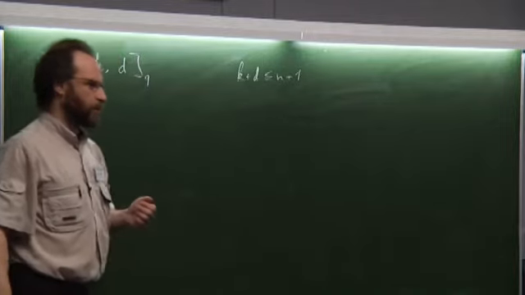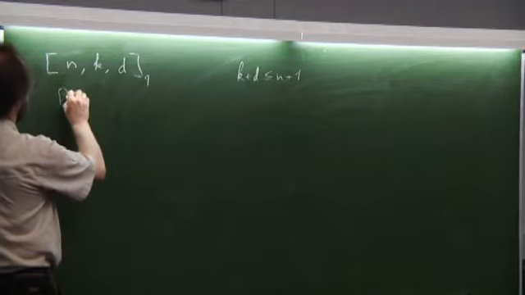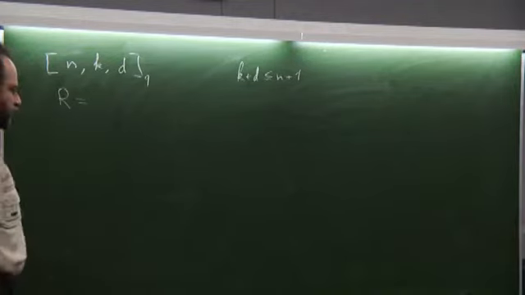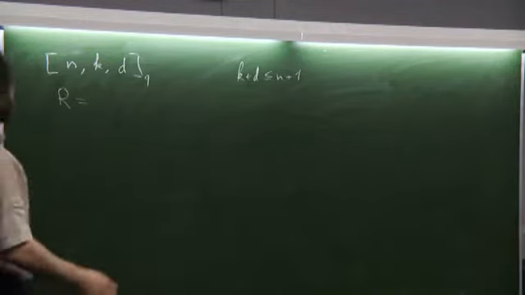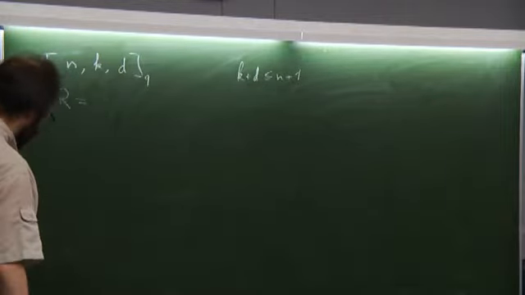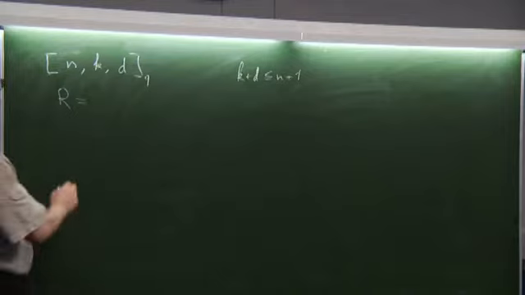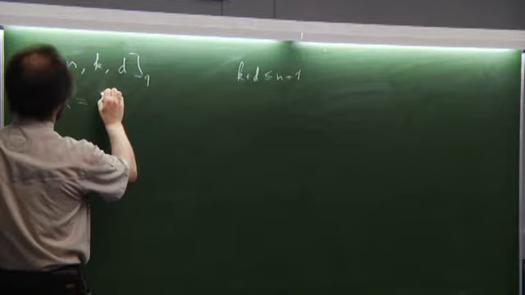For large n's, what you usually do is you introduce two other parameters, r, which is called the rate of code, the transmission rate, which is k over n.